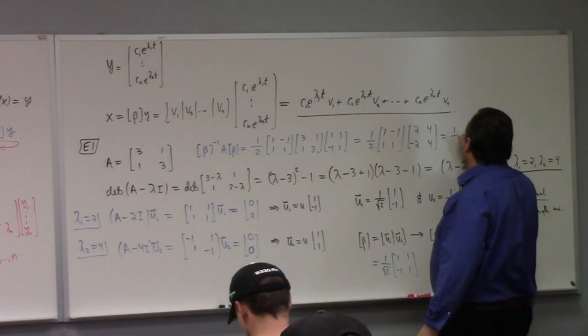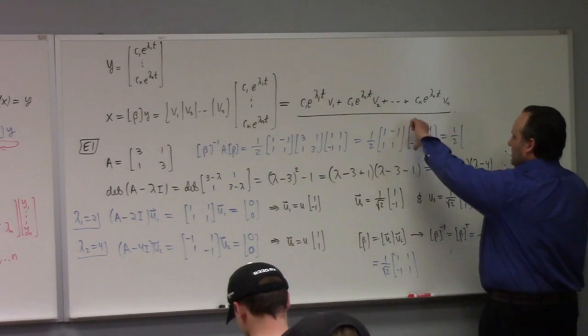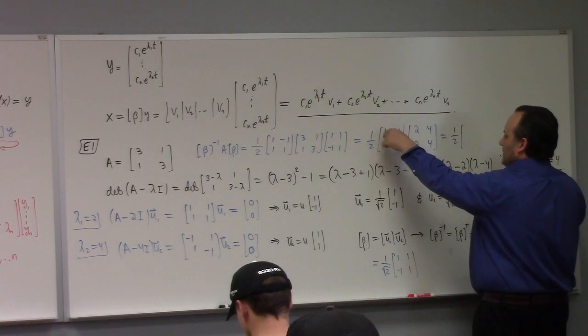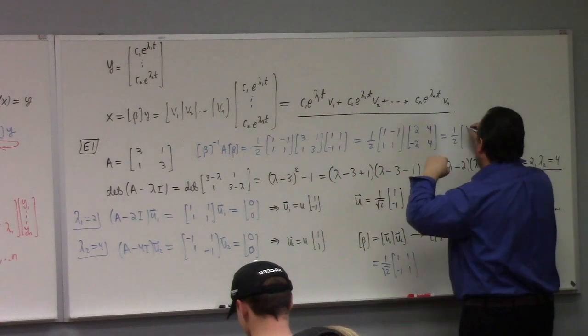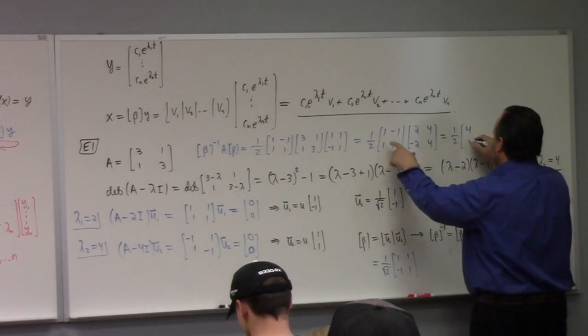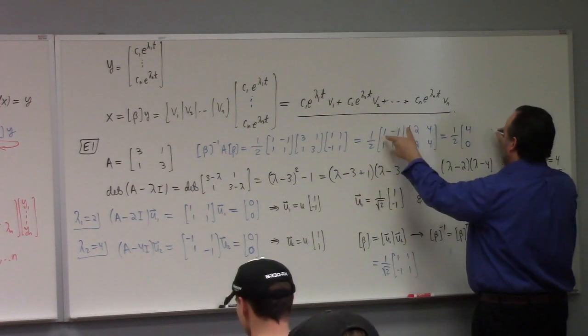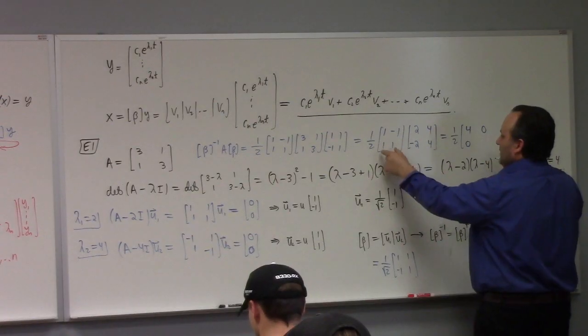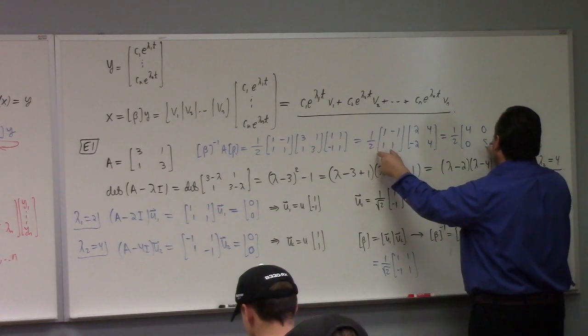And then with the 1/2, multiply these matrices, what do I get? 2 plus 2 is 4. And then I get 0 down here. I get 0 up here. And I get 4 plus 4, also known as 8.